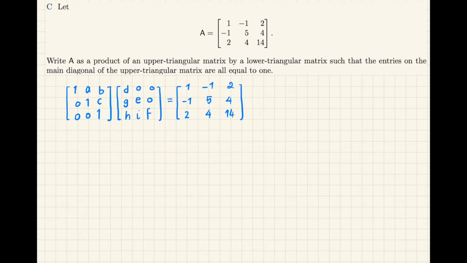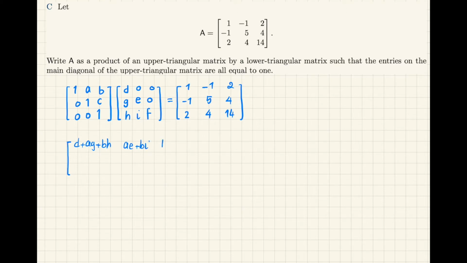Okay, so what we can do, we can just multiply the left-hand side. So if I multiply the first row by the first column, 1 will be multiplied by D, gives me a D, the next one will give me AG, the next one will give me BH, so I have to add them. D plus AG plus BH is the first entry. Then I go to the next one, it gives me AE plus BI for the obvious reasons that you already know about.